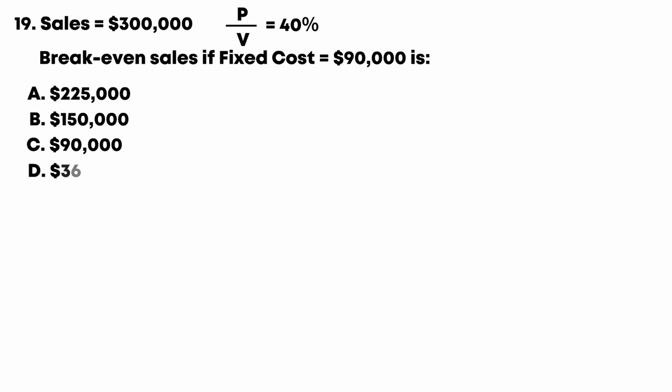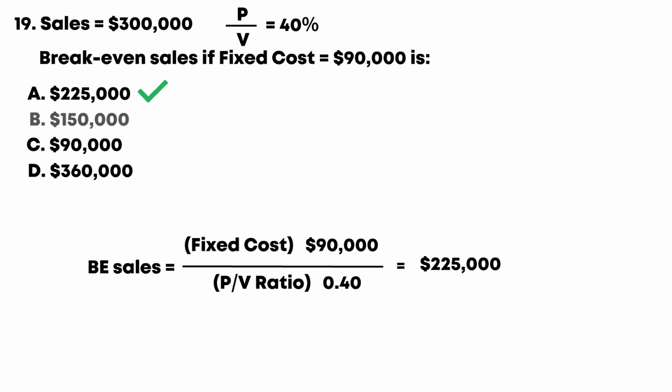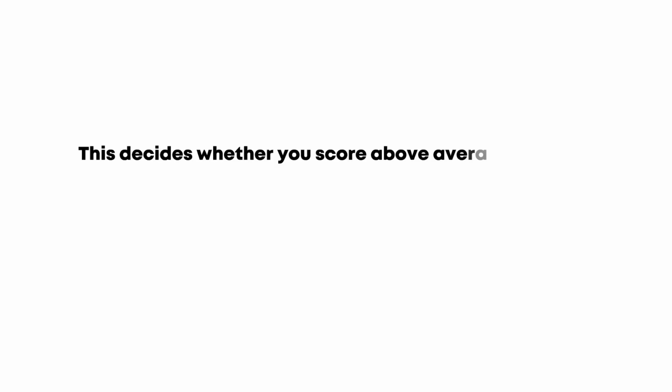D. $360,000. B. Sales equals fixed cost. Final question. This decides whether you score above average or not.